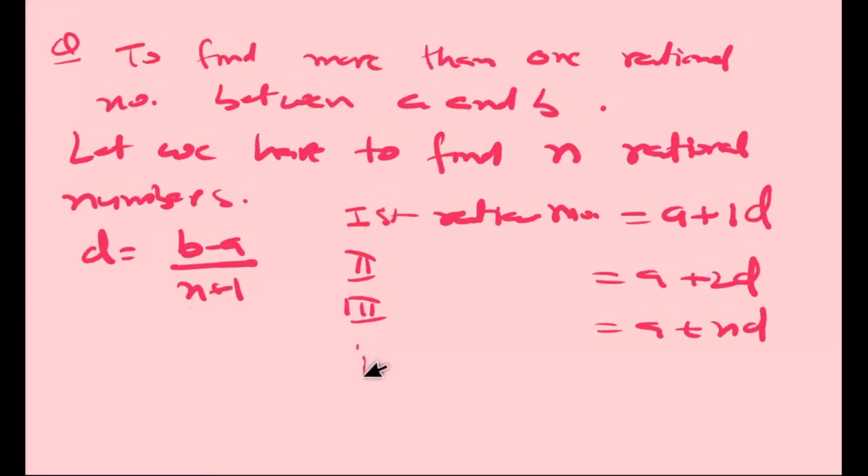So this way you can find the nth rational number, that is a plus nd. Using this formula, you can find more than one rational number.